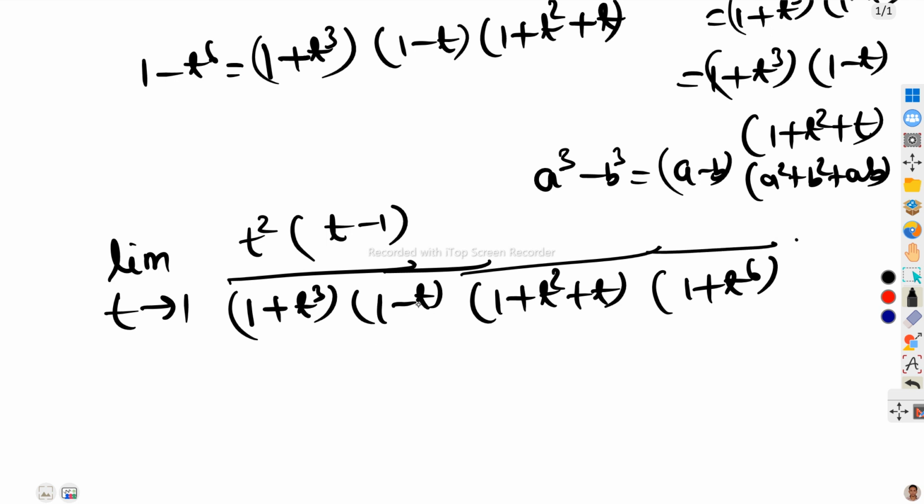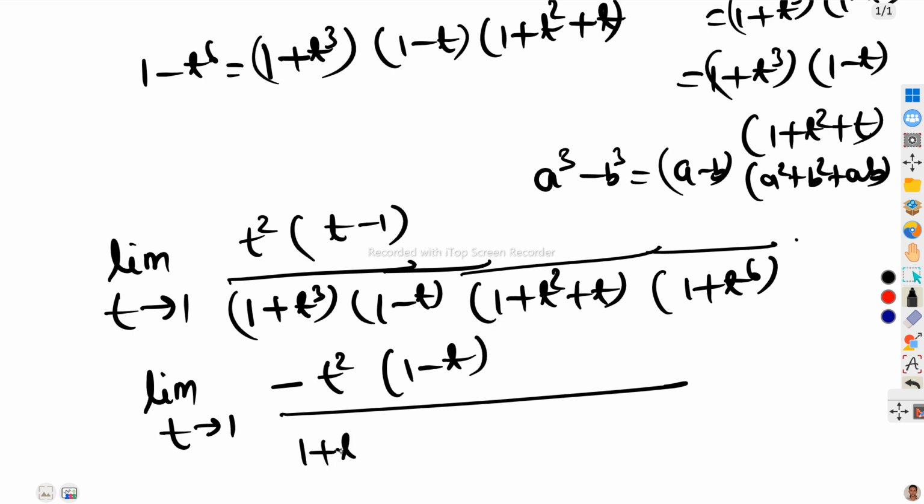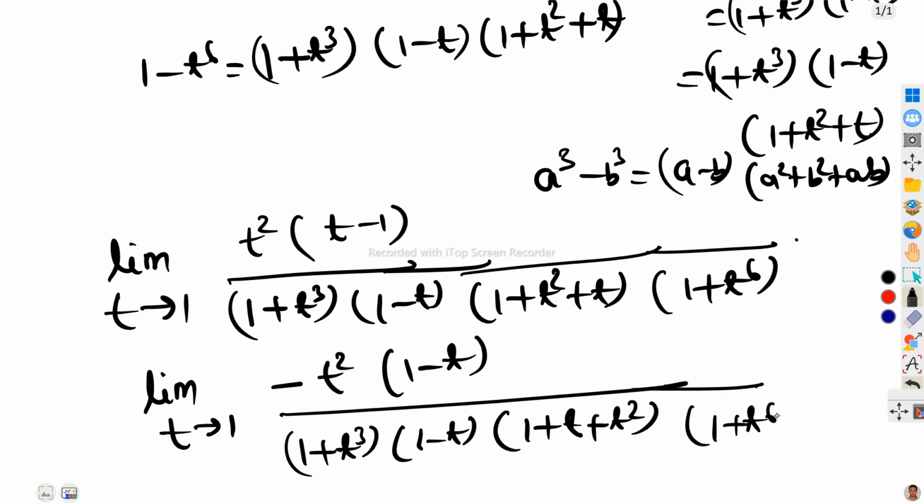So we have factor 1 minus t and t minus 1, but there is a difference of sign only, so we can cancel this out. So we can write it as limit t tends to 1 of minus t square, 1 minus t, and this is 1 plus t cube, 1 minus t, 1 plus t square plus t, and this is 1 plus t raised to power 6.